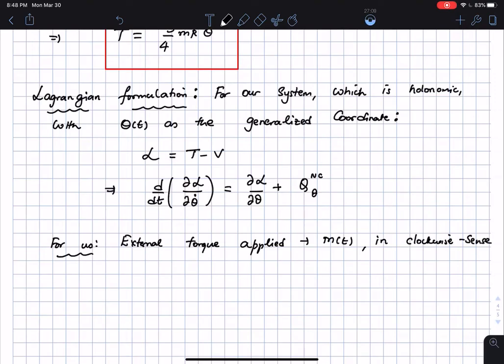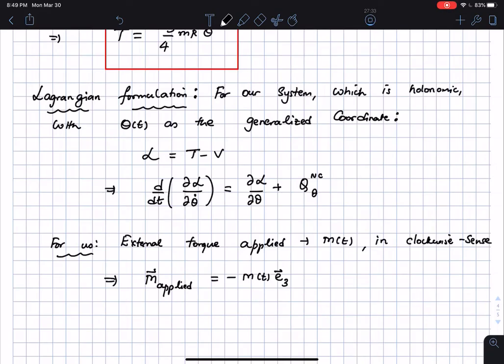Which means that if I write the applied moment as a vector, this is going to be minus m of t in the E3 direction, because this is the direction that is into the page. E3 is the same as the EZ direction, if you wish.